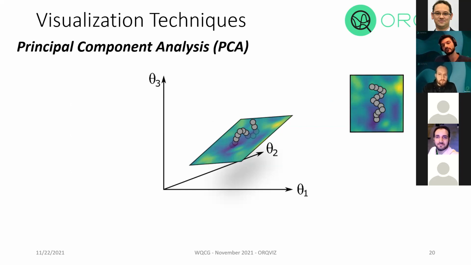There's no linear plane which you can scan that represents the loss landscape of the optimization trajectory better than PCA.